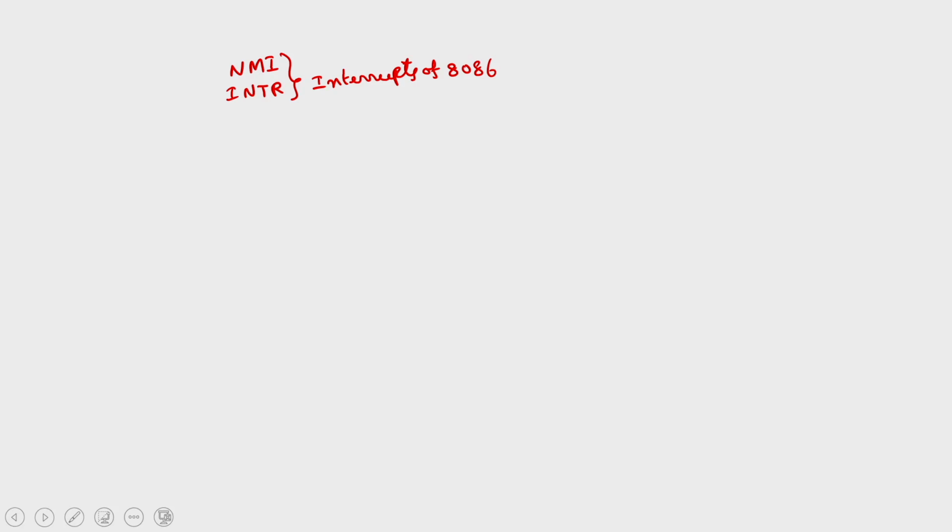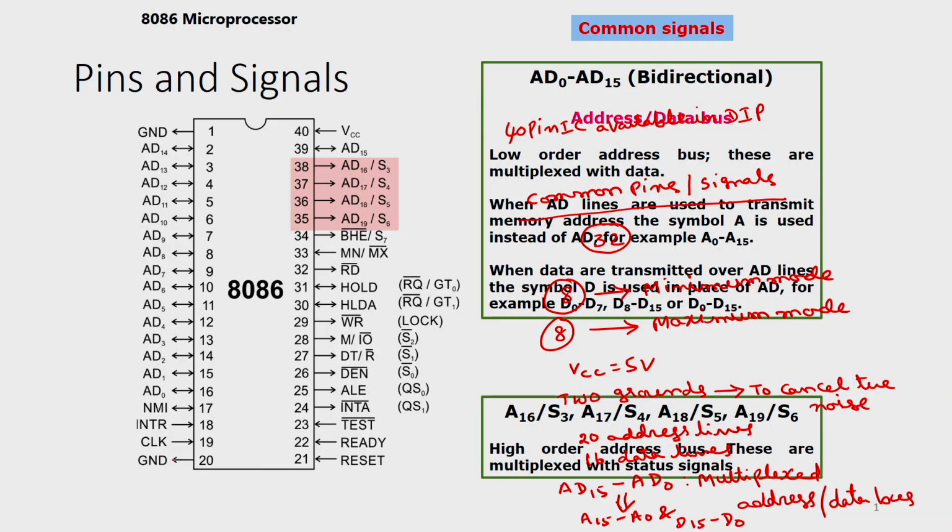NMI is a non-maskable interrupt and is positive edge triggered. INTR is positive level triggered, and INTR is maskable. I have already explained this while discussing the microprocessor operations. Now, coming to the other signals, the clock.